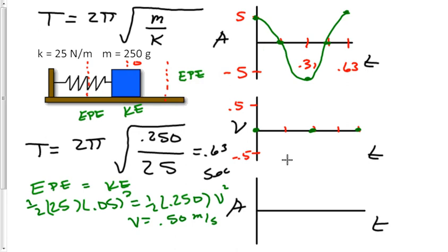So I'll record that here. And then when we come here and come back this direction, we will now be moving in the positive direction. So I'll map that here. So anytime we're at the 0 position, that means the block is located here. Starting from here, we're at maximum kinetic energy, but our velocity vector is pointing left.